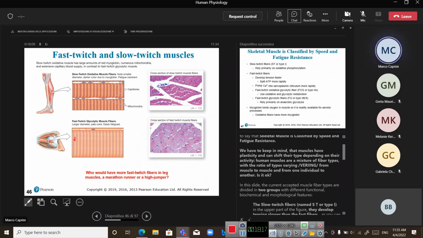The other, fast twitch glycolytic muscle fiber, is morphologically different. You can appreciate here a stained skeletal muscle.